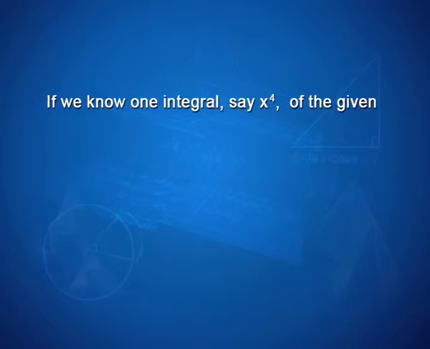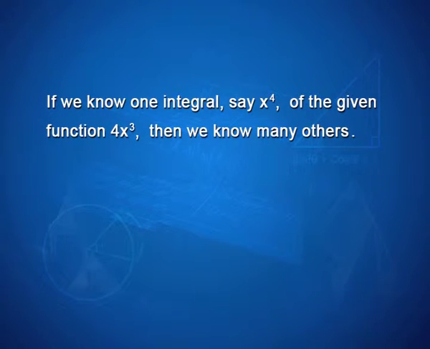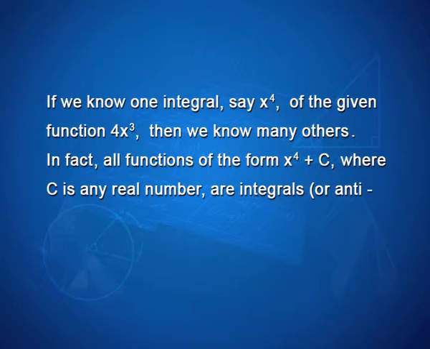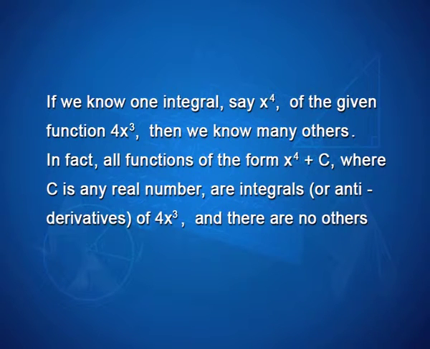Thus, if we know one integral, say x to the power 4, of the given function 4x cube, then we know many others. In fact, all functions of the form x raised to 4 plus c, where c is any real number, are integrals or antiderivatives of 4x cube, and there are no others.